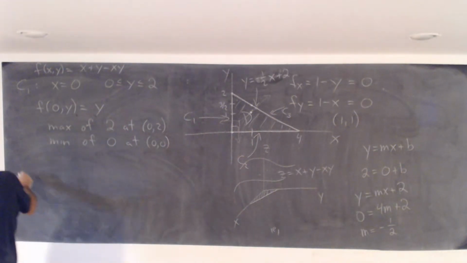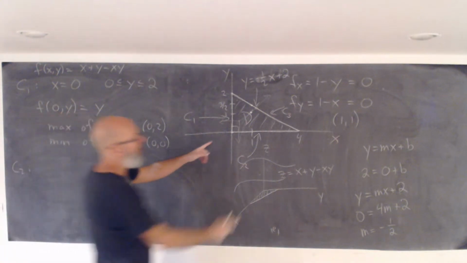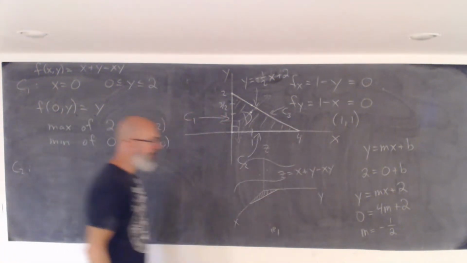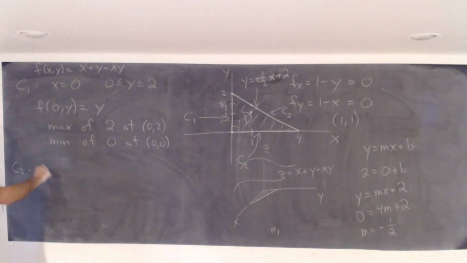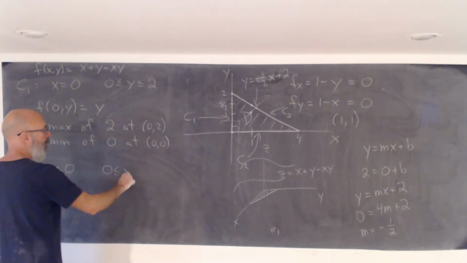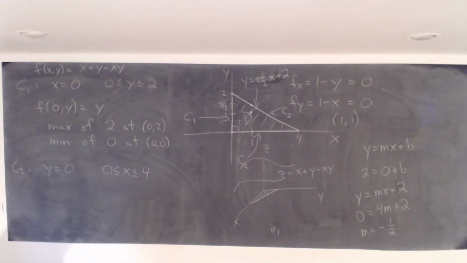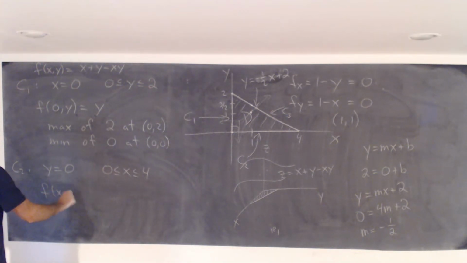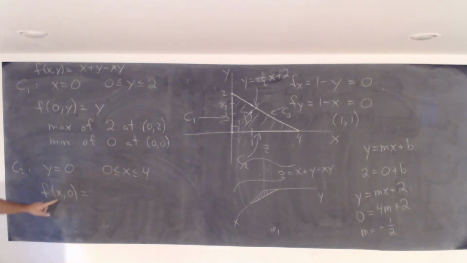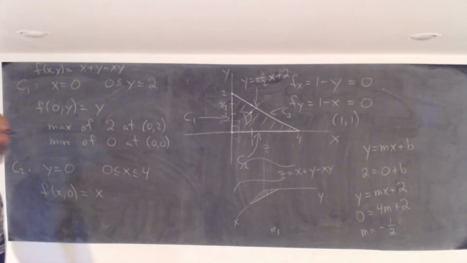On C2, this is a line segment on the x-axis. So y is 0, and x varies from 0 to 4. And your function, when y is 0, is just a function of x.